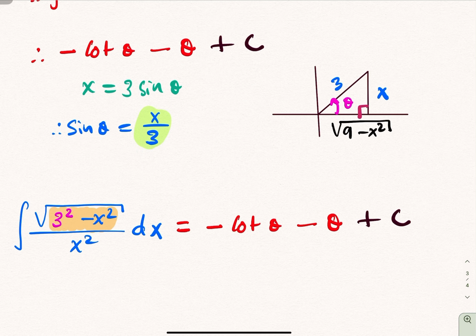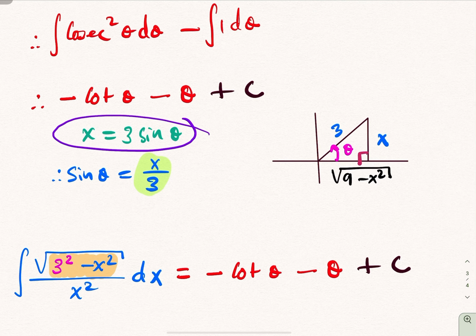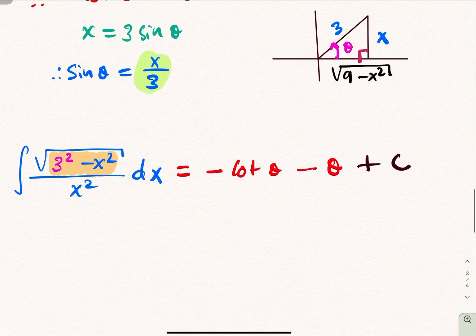What is cot? Cot is primarily the adjacent over the opposite, because the tangent is vice versa, the opposite over adjacent. So the cot is the reciprocal of that. First, let's get this one right.